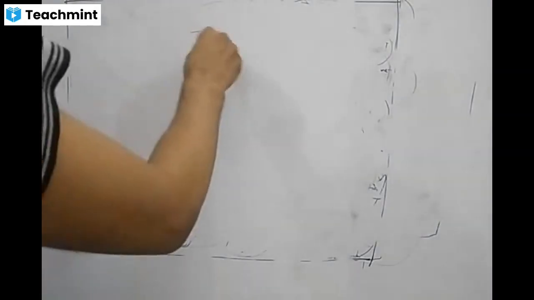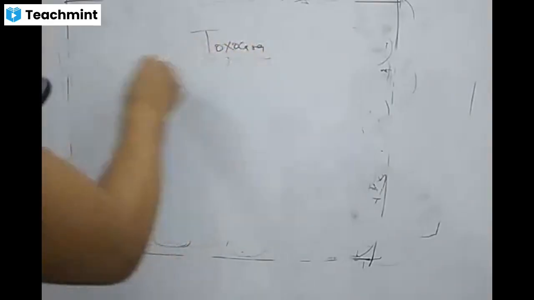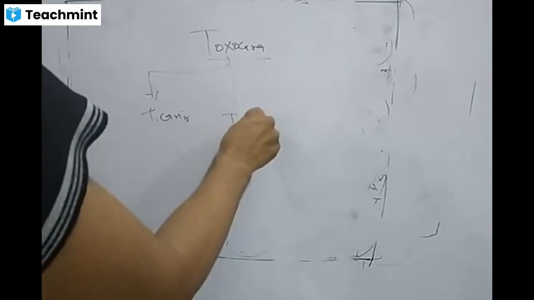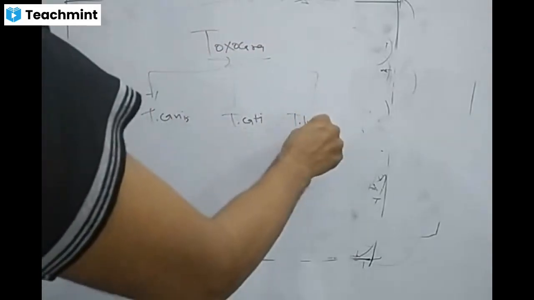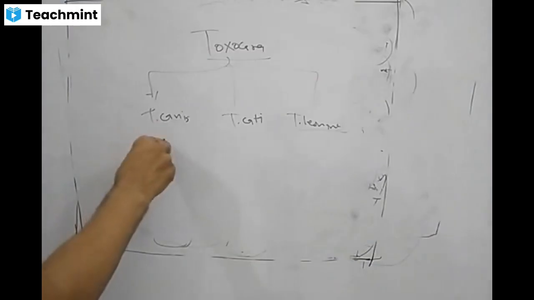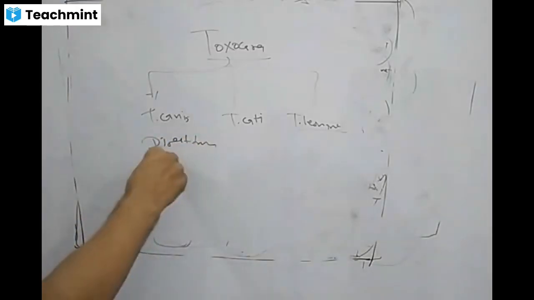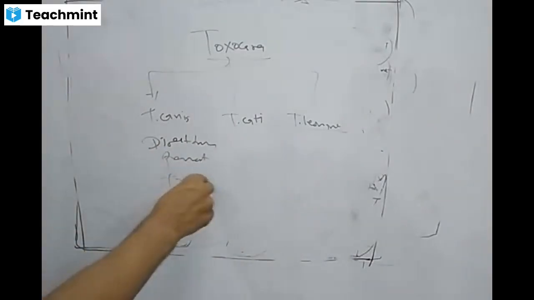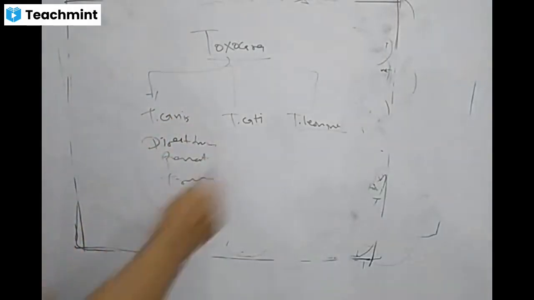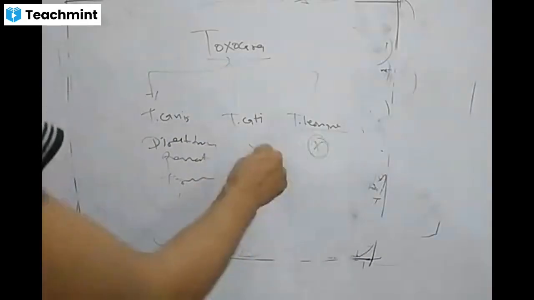Then come to Toxocara. There are three: Toxocara canis, Toxocara cati, and Toxocara leonina. Out of these, what was asked in 2019 is direct transmission, prenatal, transcolostral. So all types of transmission are present in T. canis. All four types are present in T. canis, but in the others something is absent.